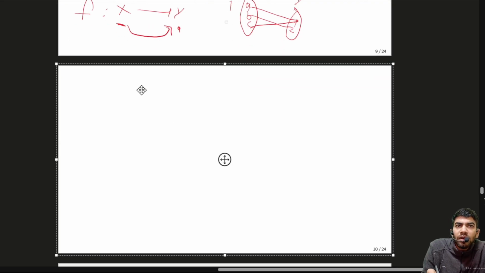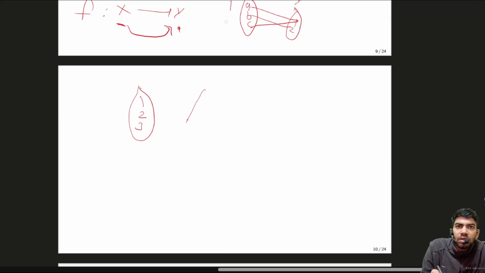So if I choose 1, 2, 3 and A, B, C, this is not a function. This is not a function.